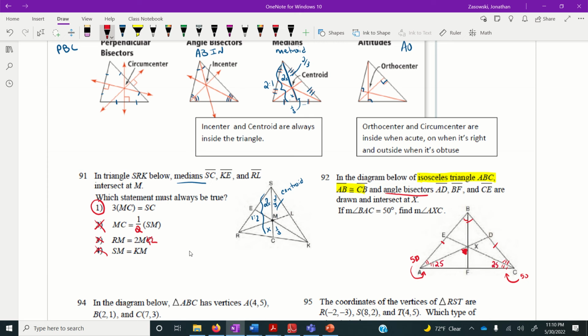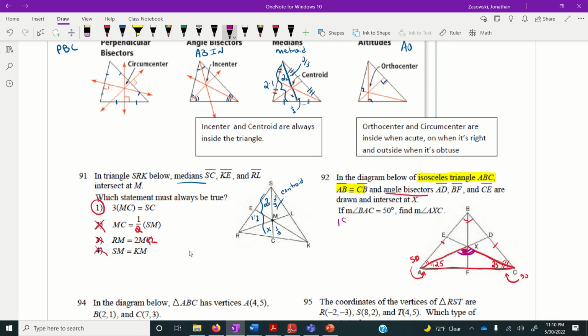Now, if you notice, we have a triangle being formed here. And this is going to help me out because I know that this entire angle up here, the whole thing, is going to add to 180 with the 25s. And then for AXC, that's the angle we're looking for, is this whole angle right there.